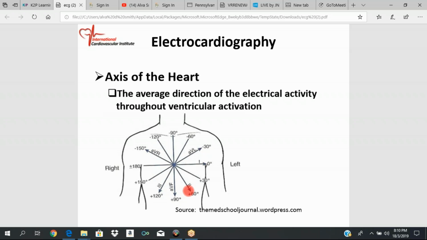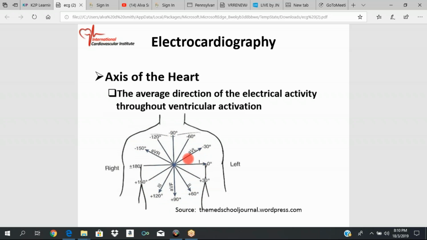Lead two subtends an angle: positive lead two is plus 60. Positive lead two is down here. An important point is that all the degrees down here are positive and everything up here is negative. So that's an important point.